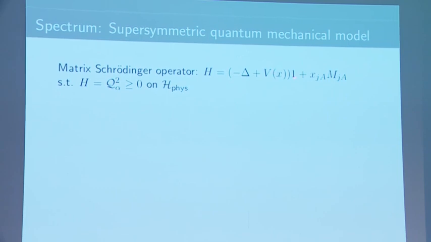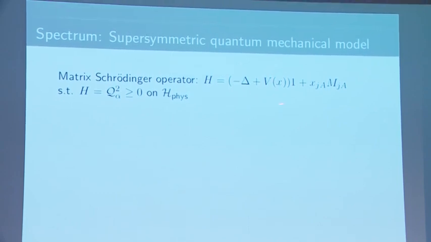So we had this bosonic operator, which we now know has a discrete spectrum. But then what happened here was that we added essentially a matrix piece here. It's linear in the coordinates, but then there's this matrix here also. What we already know is, due to the supersymmetry, that this operator is the square of some self-adjoint operator.